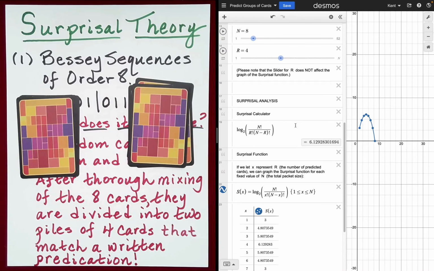The level of surprise associated with that random event is the same, in fact slightly less, than that of any of the Bessey sequences of order 8 routines.